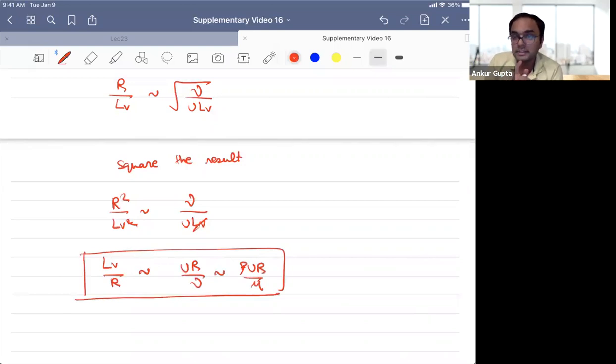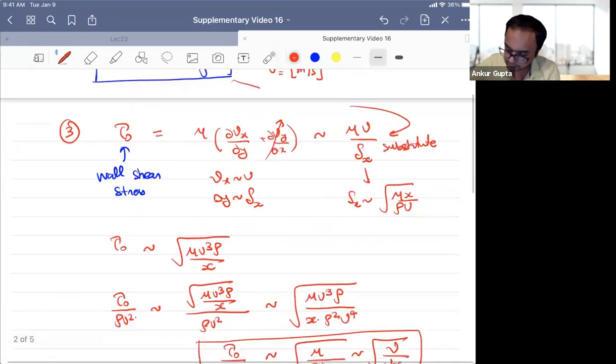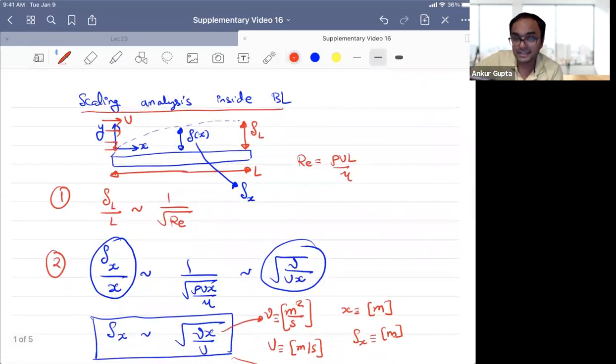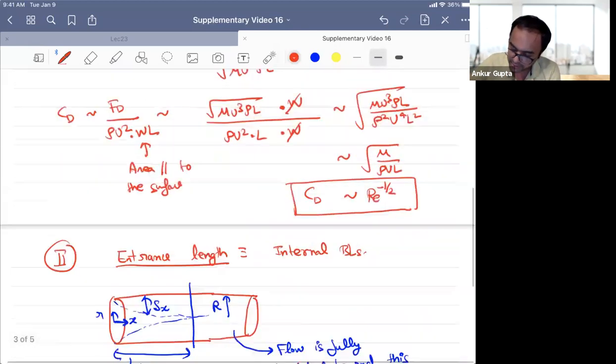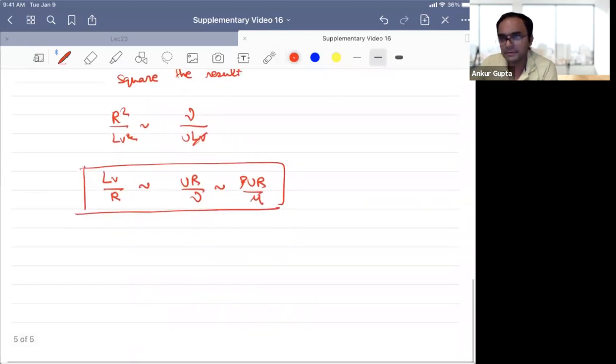So note the difference here, and this is just the choice. You can choose to define Reynolds number based on the actual length also. We were defining Reynolds number based on the length in the x direction, but here we are defining it based on the radius, and both are perfectly okay. You can define it based on diameter.